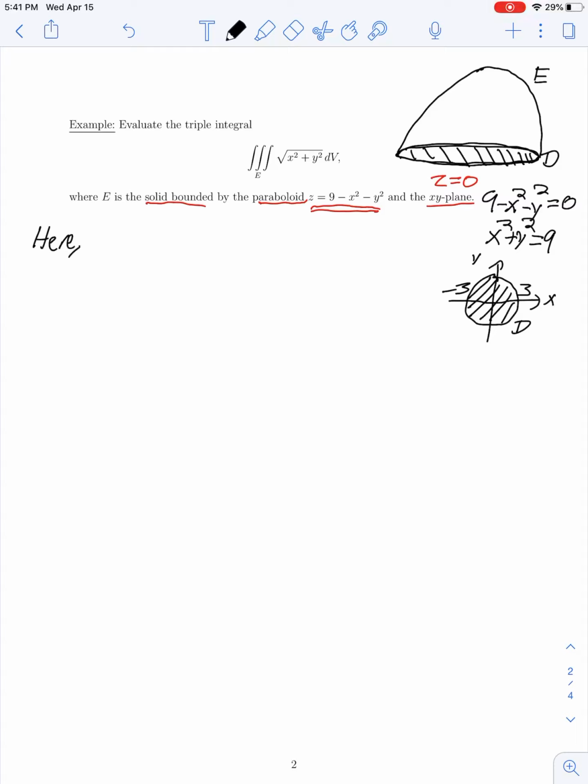So here our region E could be described in terms of cylindrical coordinates, r, theta, and z, where our range of theta values is from 0 to 2 pi, since we're integrating in the plane over the full disk D. Our range of r values would be from 0 to 3, since it was a disk of radius 3.